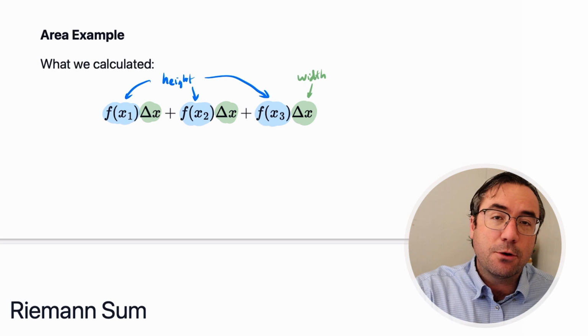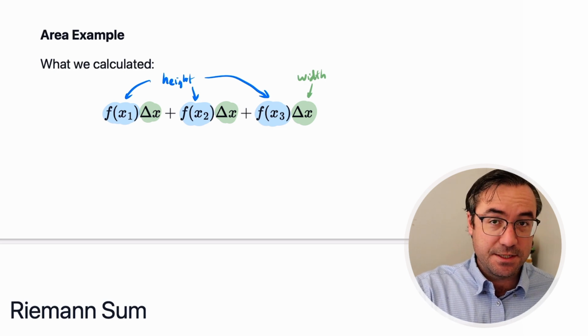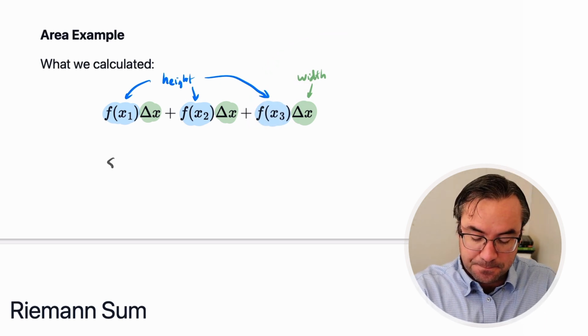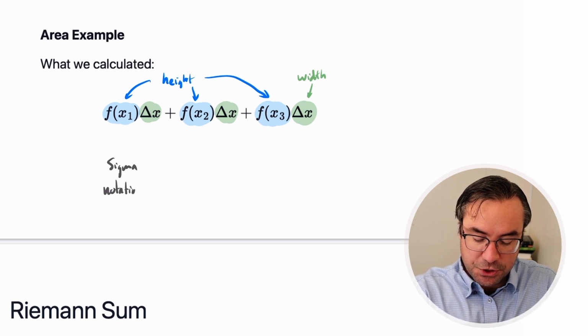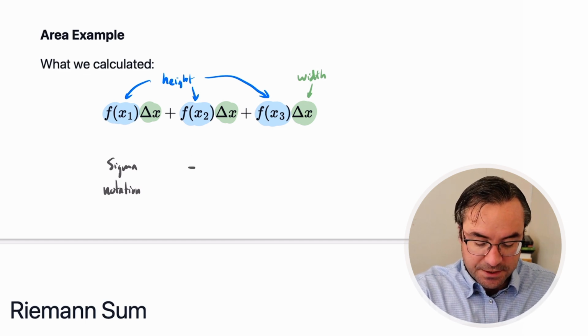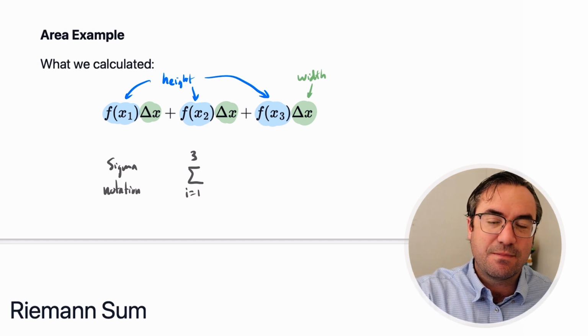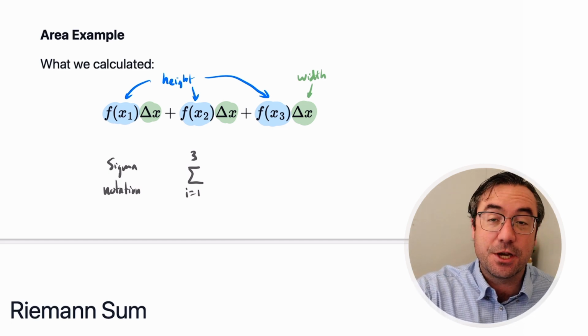All right, so how could we rewrite this in sigma notation? A way to shorten this up, so it's not so repetitive, we could write this as the sum going from i equals 1, and our ending n value here is going to be 3.